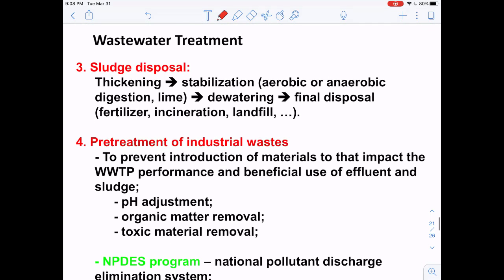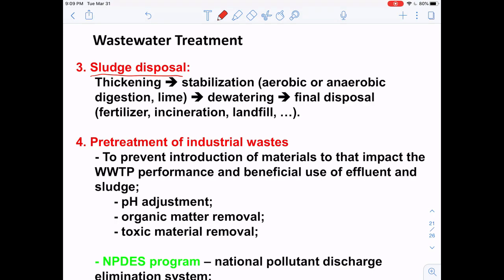So as you can see from these processes, one thing that's quite different from the drinking water system is that we need to involve sludge disposal, right? The wastewater contains a lot of solids, so we have to remove this sludge from the wastewater. A series of processes is used to dispose of this sludge.